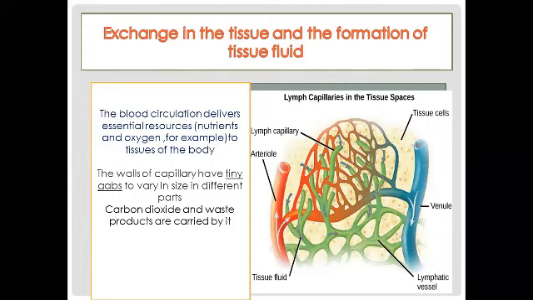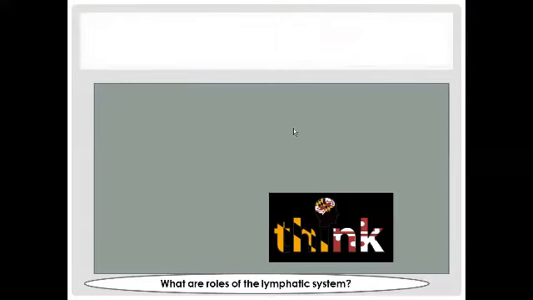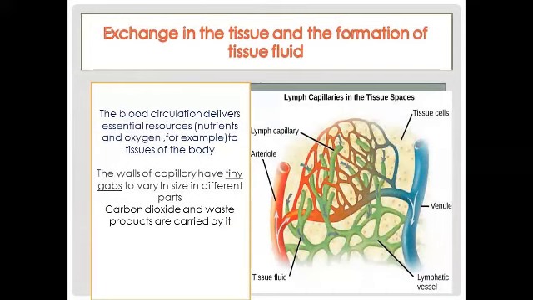Exchange in tissue happens between the arteries that carry blood with nutrients and oxygen from the heart to all parts of the body. Number one, arterioles carry the blood from the artery, carry the blood from the heart, and start to check this point between arteries, arterioles, and veins and venules.